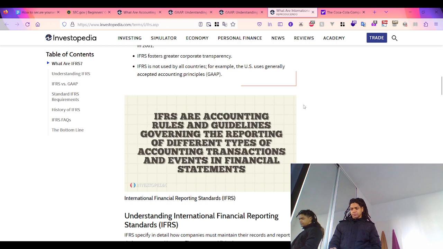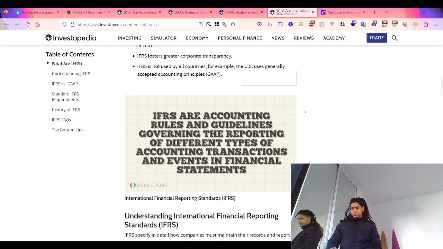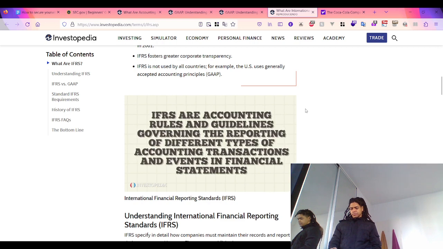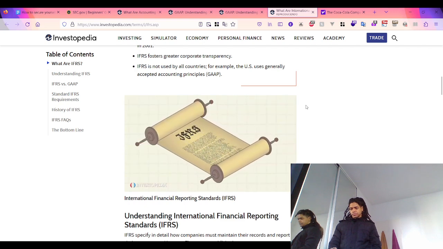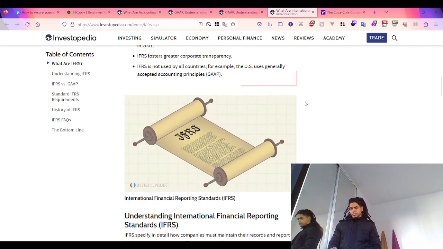International Financial Reporting Standards, IFRS, are accounting rules and guidelines governing the reporting of different types of accounting transactions and events in financial statements. Accounting standards such as IFRS are important because they provide the backbone for integrity and trust in the financial markets.